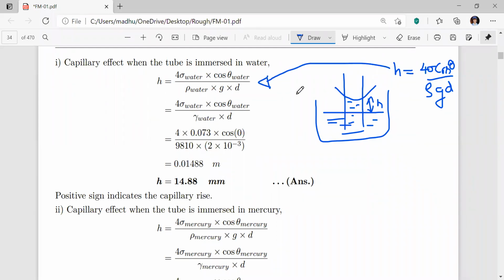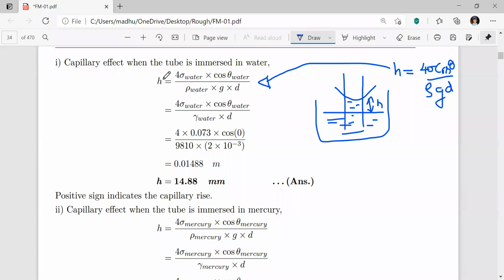Now you can see 4 sigma. Instead of writing sigma, he has written sigma water to be very specific, and cos theta water, and rho water, g and d. Since in this problem there are two fluids, I have to mention particularly which fluid I am using.